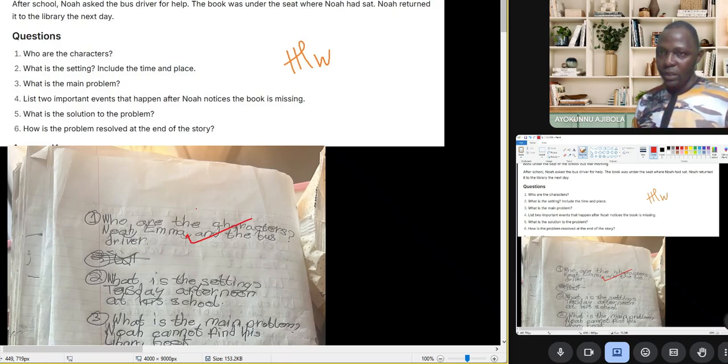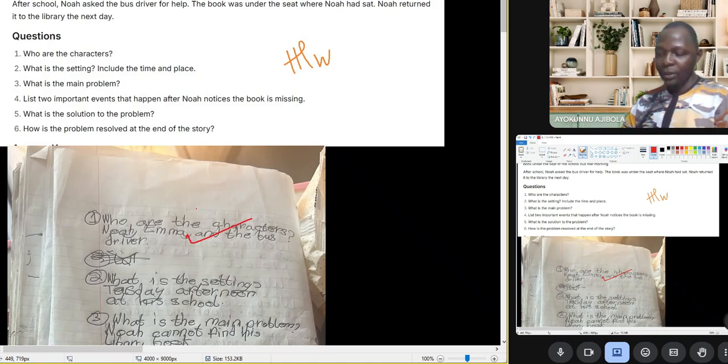What is the setting? Include the time and place. The setting is Tuesday afternoon at his school. Okay. So that is 1 out of 3 marks. Though you said at the school, right?